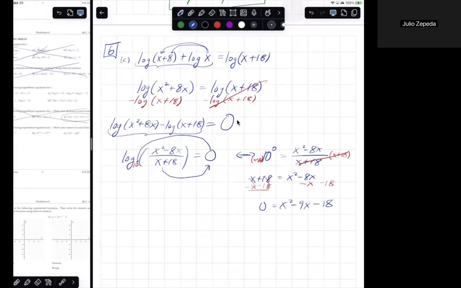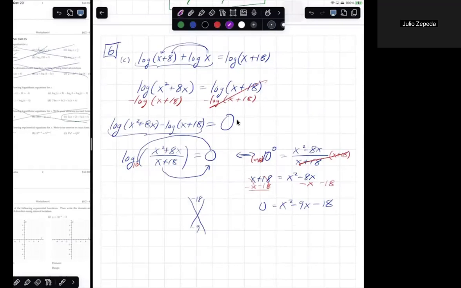But it looks like, let's see, can we think of, oh, actually, this does factor nicely. Yes, we can think of two numbers that multiply to negative 18 and add up to negative 9, or can we? Hmm. Whoa, did I make a mistake here? I'm just seeing that I made a little minus sign error.